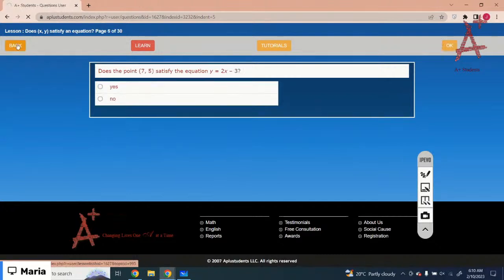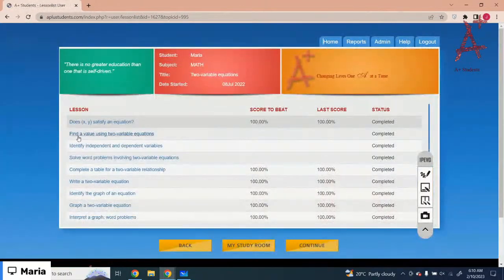The next lesson is find a value using two variable equations.